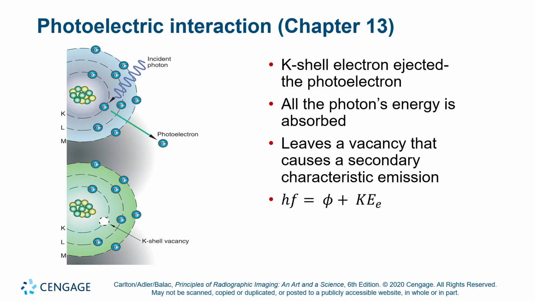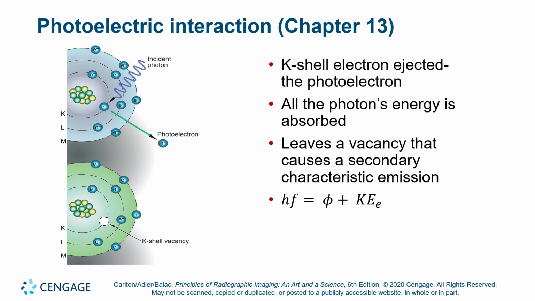All right, so let's walk through the photoelectric interaction. Part 1, the X-ray photon, there it is, HF on the left-hand side, possesses some energy and comes into the atom. Remember, the Bohr diagram is not a physical model, it's a theoretical energy model.